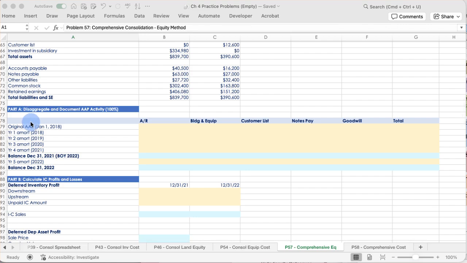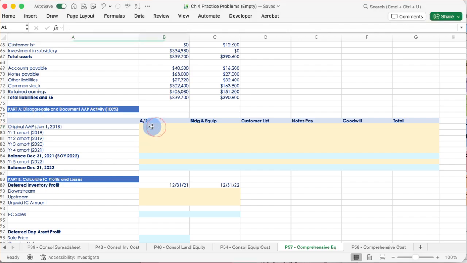All right, so starting out, the very first thing we are going to do is set up the AAP so that it is disaggregated. So we're going to document all of our AAP, and we'll start with our accounts receivable.